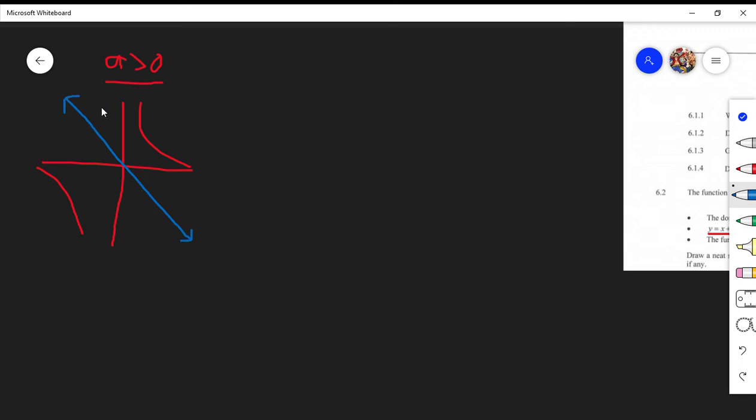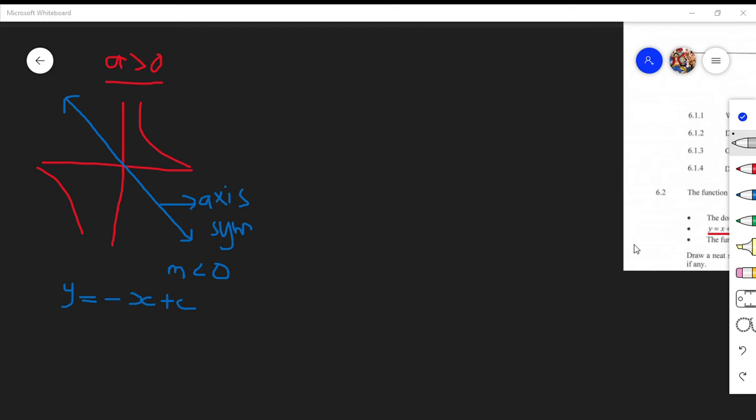Okay, so this is the axis of symmetry, which has a negative gradient, which is m less than 0. So when A is positive, the function will be in the first quadrant and the third quadrant, and it will have a negative gradient axis of symmetry, which is y is equal to negative x plus c.